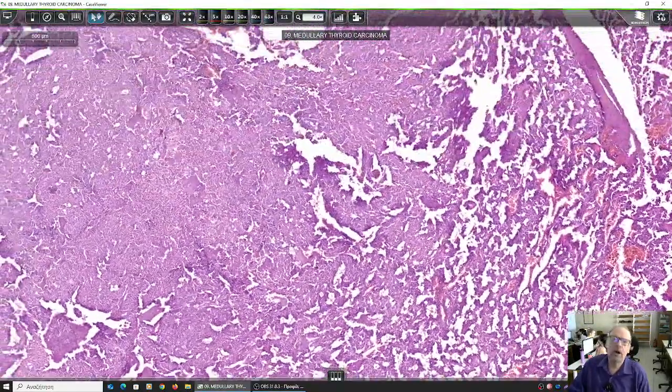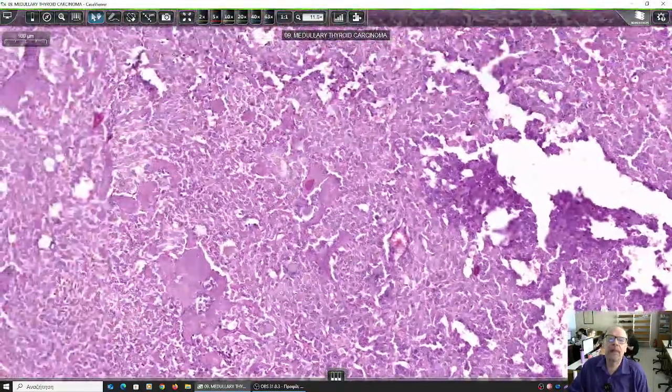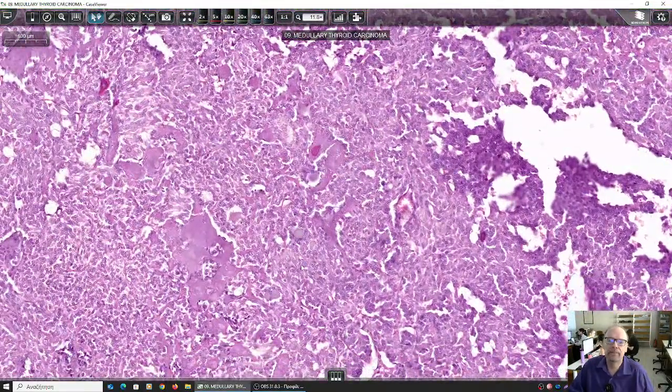In general, when we see a pattern of homogeneity in the morphology of a tumor, this could be taken as a sign of a benign tumor.